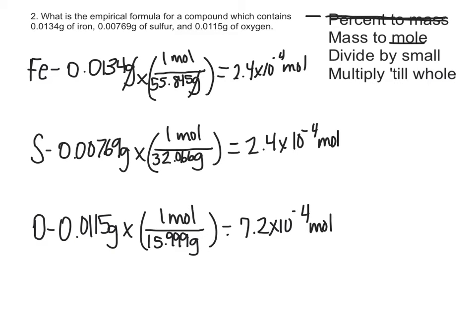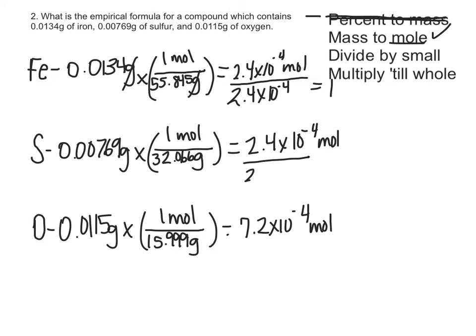Now, I did step 2, so now I have to divide by small. Well, if I take a look at these, I have 2 that are the same, so it doesn't matter which one is my small one, so I'm just going to divide by the small one. 2.4 times 10 to the minus 4, and this is going to give us 1.